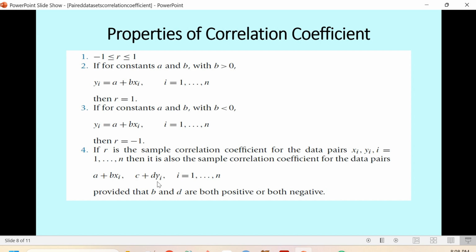These two have the same correlation coefficient as x and y, because both are perfect linear functions of x and y. But of course, b and d must be both positive or both negative.